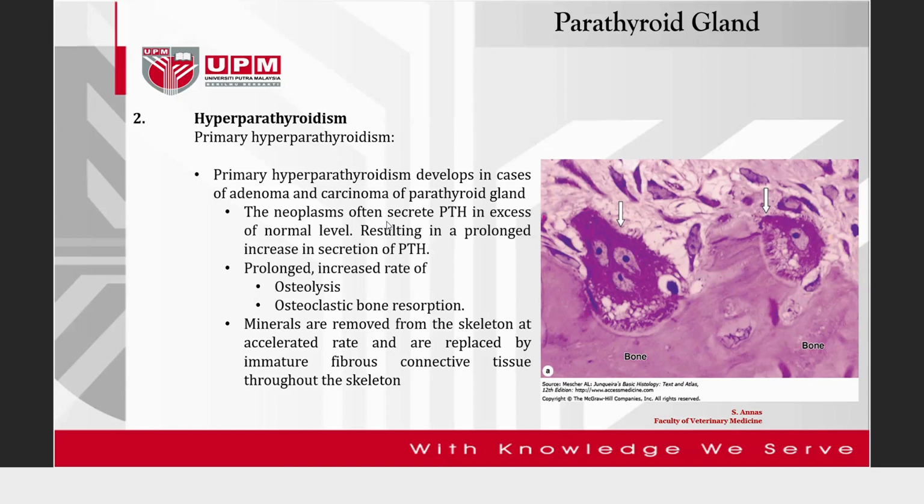Primary hyperparathyroidism develops in cases of adenoma or adenocarcinoma of the parathyroid gland, where the neoplasia secretes functional PTH in excessive amounts, which results in a prolonged increase of PTH in the blood circulation.